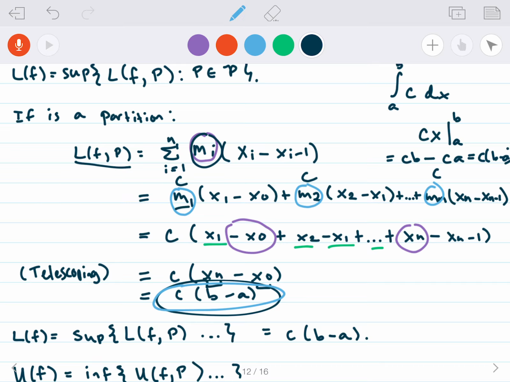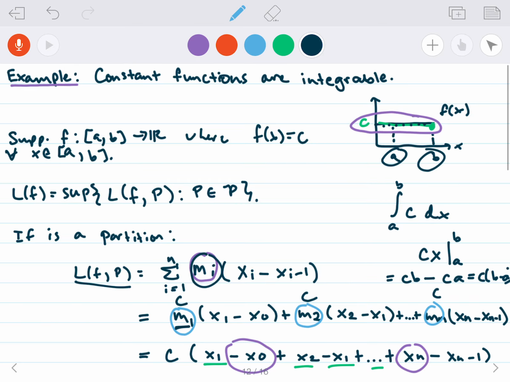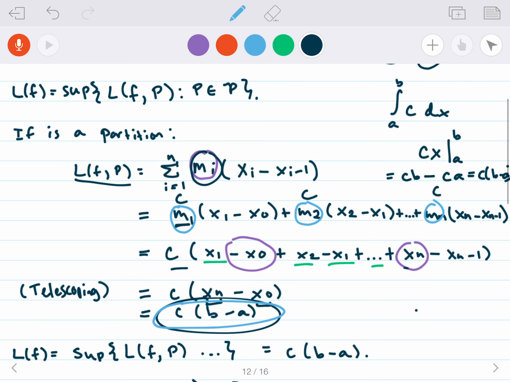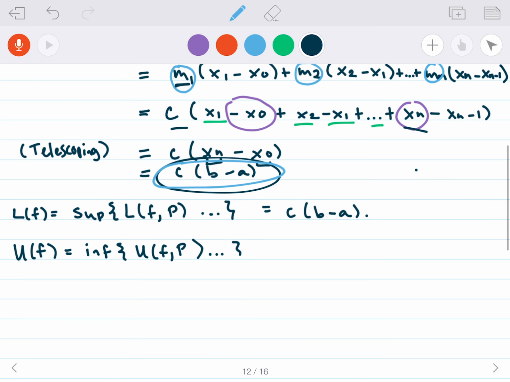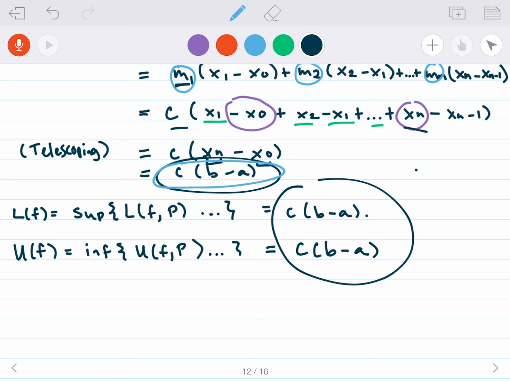Since capital Mi is the sup over any such subinterval, the sup is still c. There's nothing higher than c. So you're going to get that the upper integral is also equal to c times b minus a. And since these are equal to each other, f is going to be integrable. Okay, so that's the idea here.